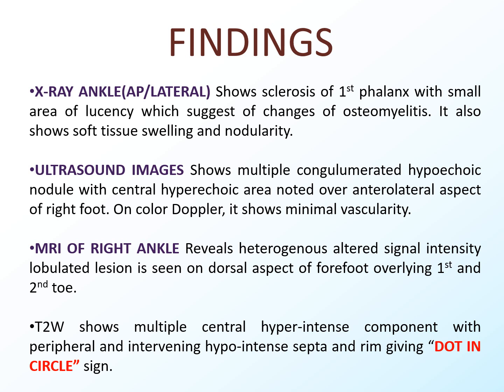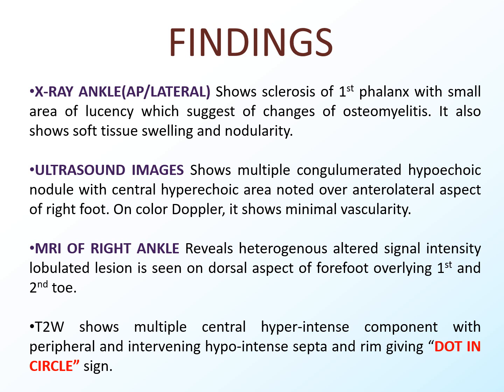Here I conclude my findings in this patient. X-ray ankle shows sclerosis of first phalanx with small area of lucency, which suggests changes of osteomyelitis. It also shows soft tissue swelling and nodularity. Ultrasound images show multiple conglomerated hypoechoic nodules with central hyperechoic area noted over anterolateral aspect of right foot.